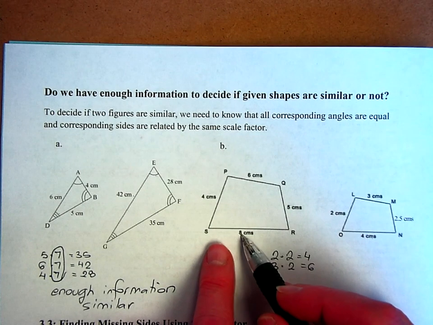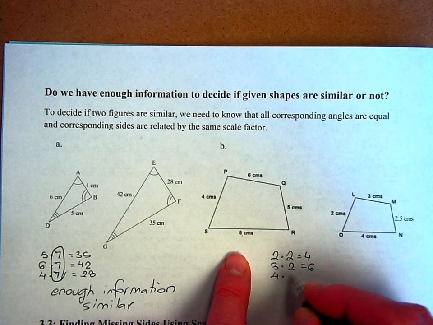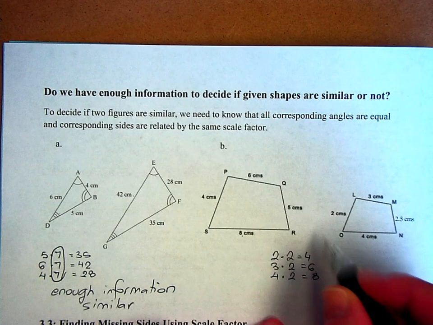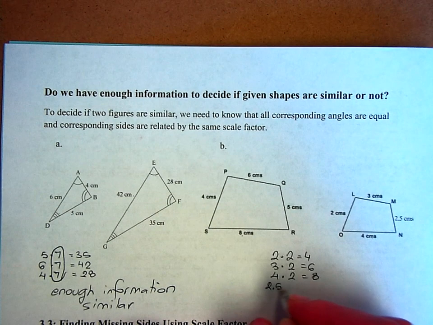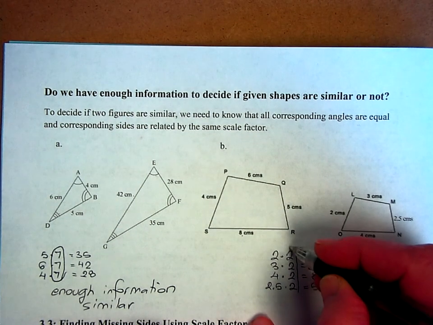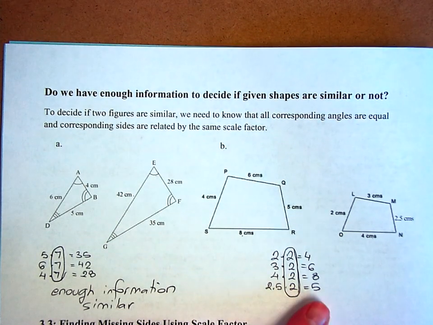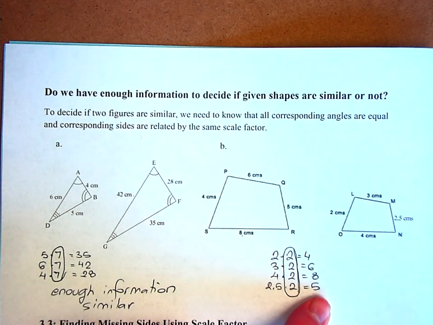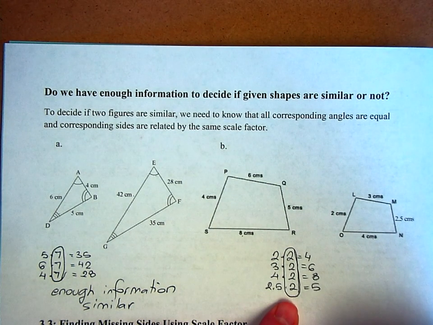This side corresponds to that one, so 4 times 2 would give me 8. And then this one corresponds to that one, 2.5 times 2 will give me 5. I notice that the side length of the smaller shape is being multiplied by 2 to get the corresponding side lengths of the bigger one. So, they all have the same scale factor.